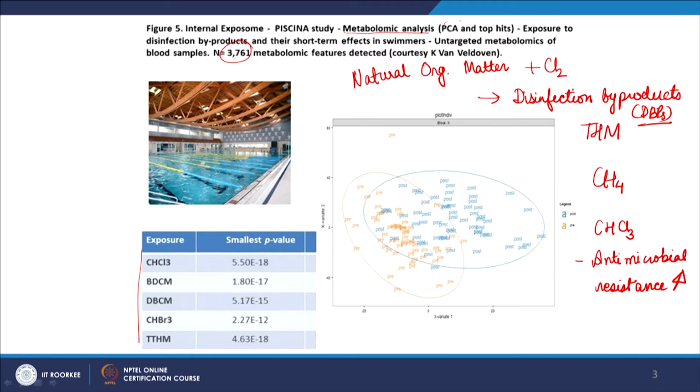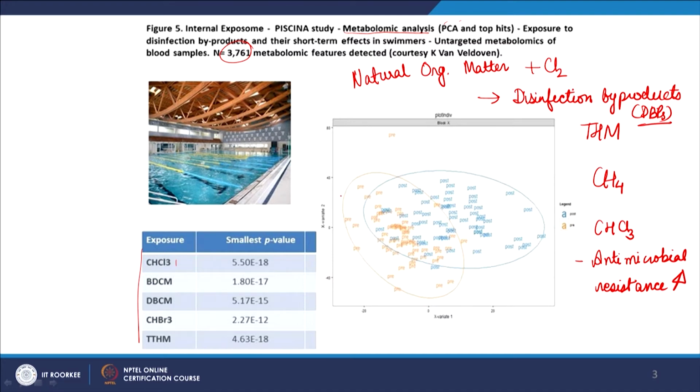They found these different disinfection byproducts in good quantities. In untargeted metabolomics, they were not looking for acetate or glucose or any particular metabolite, but they did the UPLC MS on the entire set of metabolites found in the blood and serum. On the orange, what you notice are the pre-samples, so pre-swimming samples.